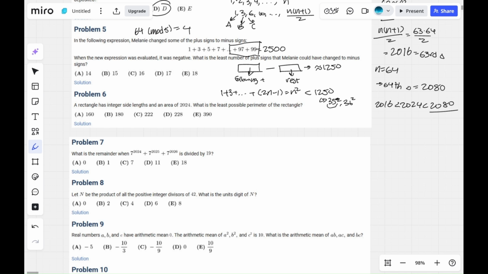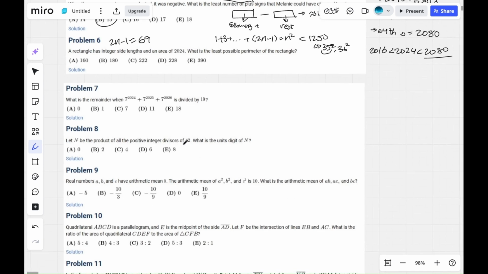So 2n minus 1 is equal to 70 minus 1, which is 69. We had 50 numbers to begin with, and we're keeping 35 the same, so that means that we're changing 15 signs. So this is B, which is 15.